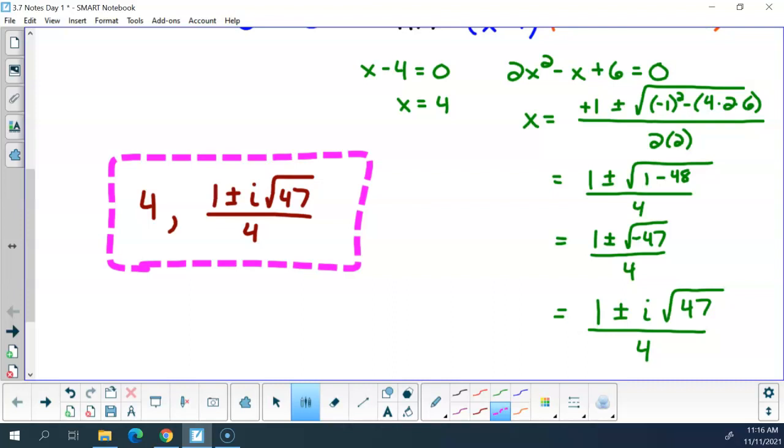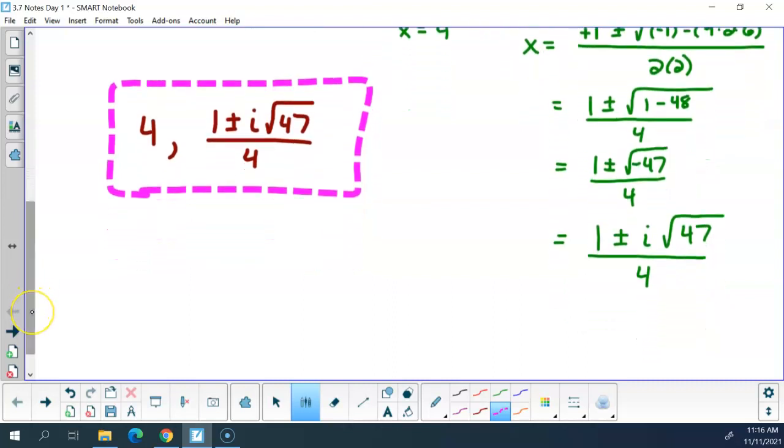Now, just so you guys are aware, I did notice on last week's homework that when there are only 2 answers given, some people were putting them in parentheses, like 2, 3. Now, in math, if my roots, my zeros, my solutions are 2 and 3, then I just write 2 and 3, or 2, 3.